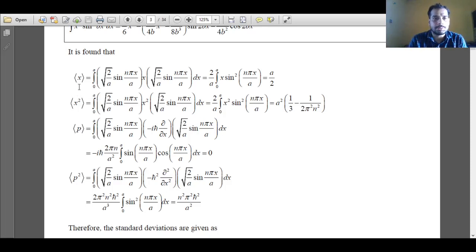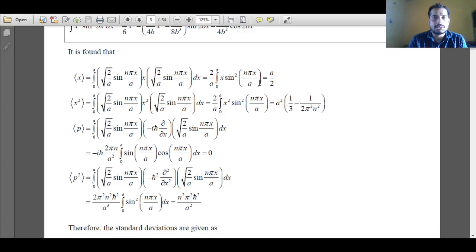Now we have to take the expectation value of x, that is the position. So the integration limits are 0 to a, where the box length is a. Then the wave function, and the position operator is x, so we simply multiply by x. Then the same eigenfunction again; this is a real eigenfunction, so the complex part and the real part are the same. If we multiply that, the constant term 2 over a will come out of the integration, and we will be left with x sine square.